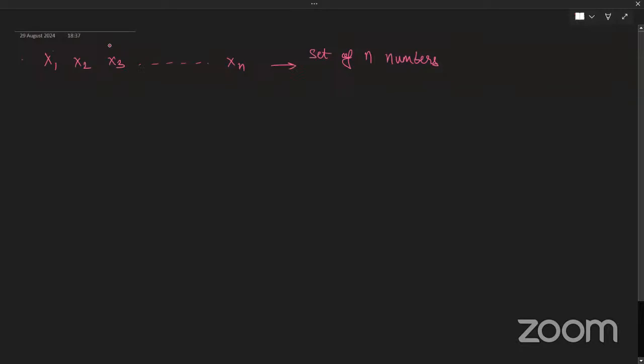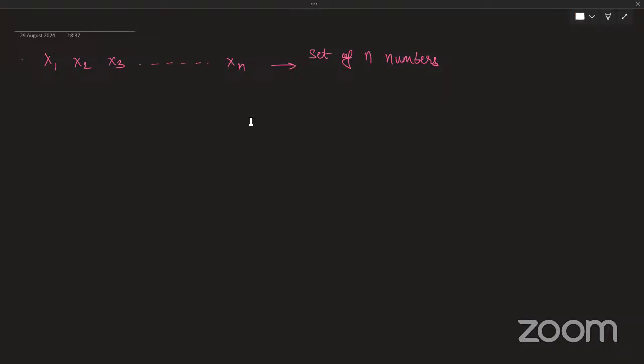Is everyone there today? Let me see. Gayatri, Ashrita, Bhaskar, Varshini, Divya, Bhavna, Vignesh, Amani, Sofyan. So see what is happening: x1, x2, x3, x4 till xn. These are a set of n numbers.